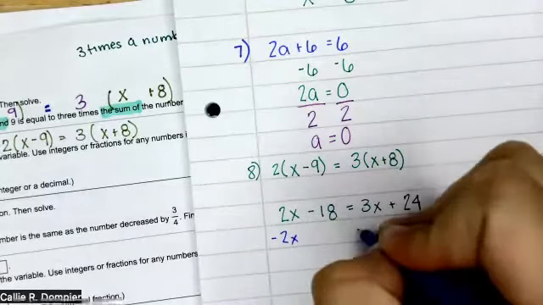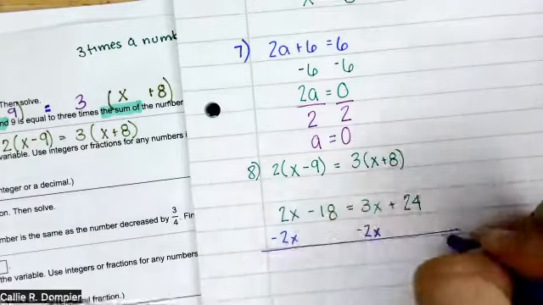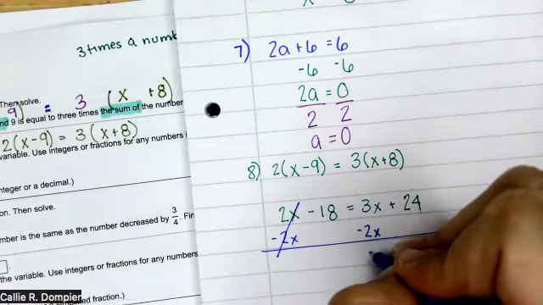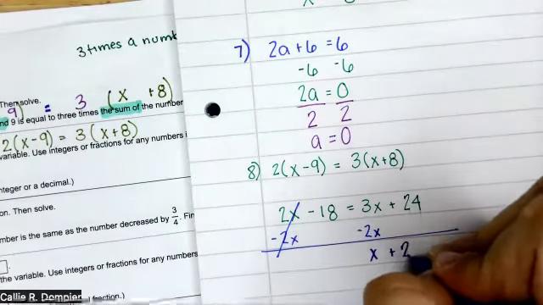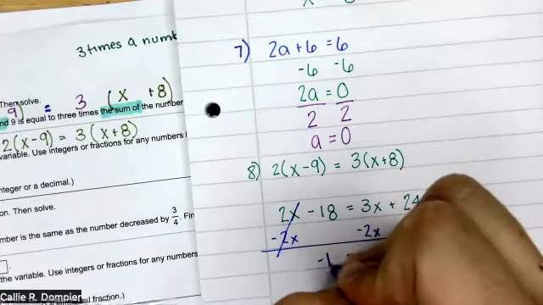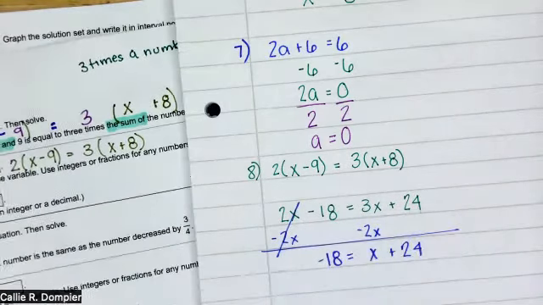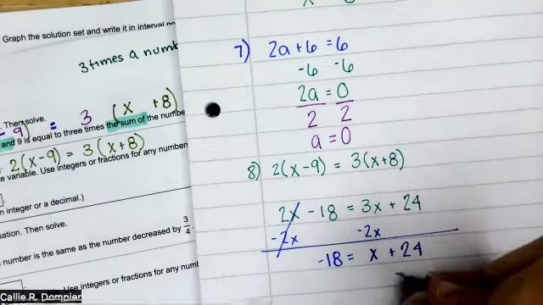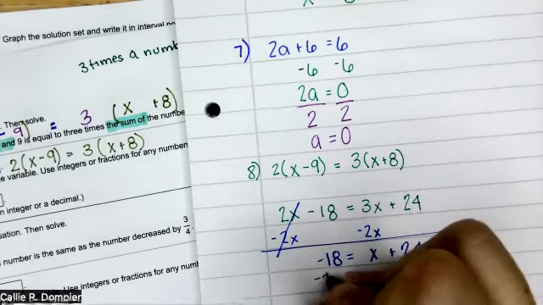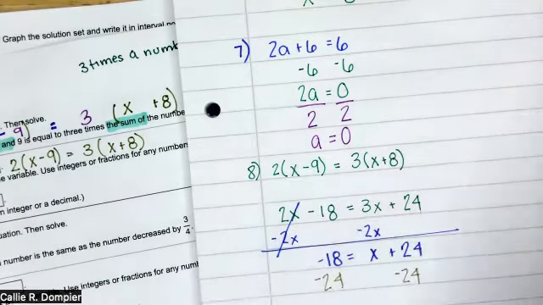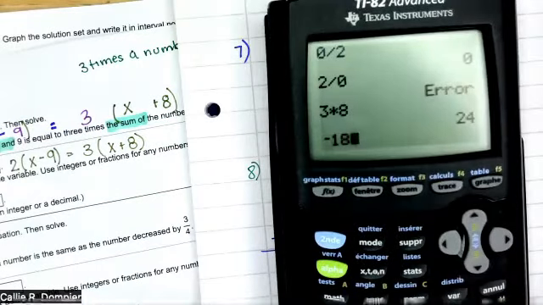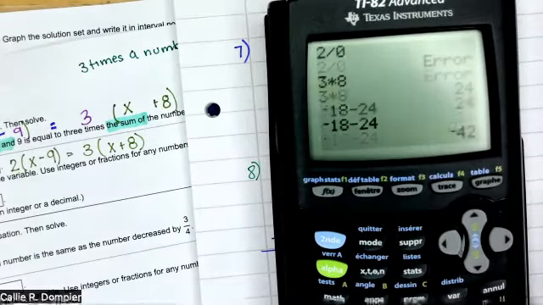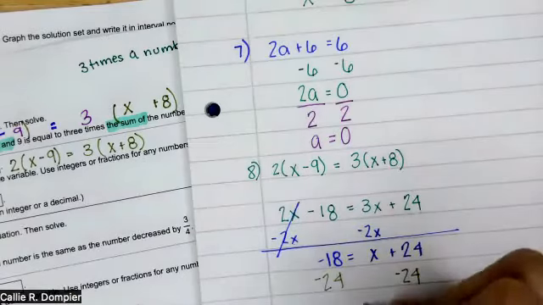Negative 2x, negative 2x. 3x minus 2x is just x plus 24 equals negative 18. So I will subtract 24, negative 18 minus 24 is negative 42.